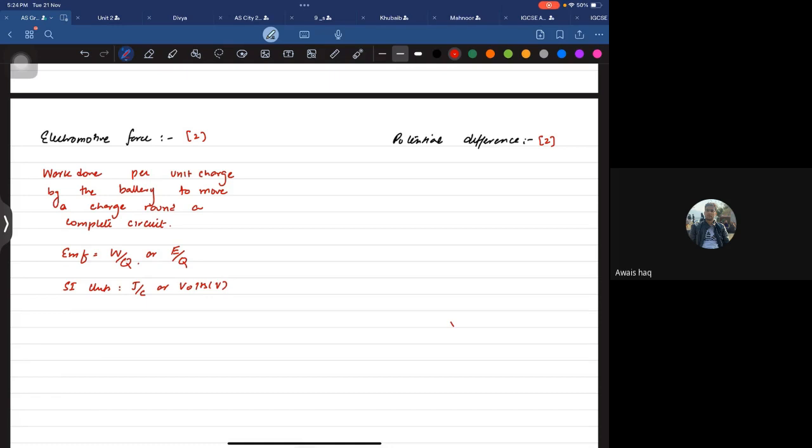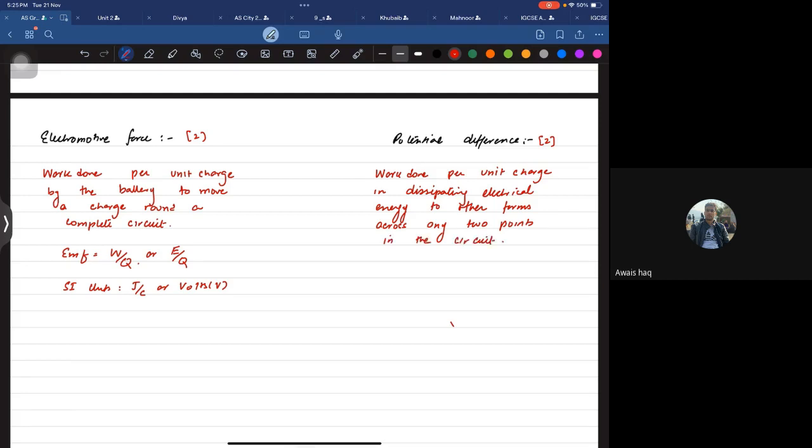Now for potential difference, the first part is the same. You always say work done per unit charge, in dissipating electrical energy to other forms across any 2 points in the circuit, like that.